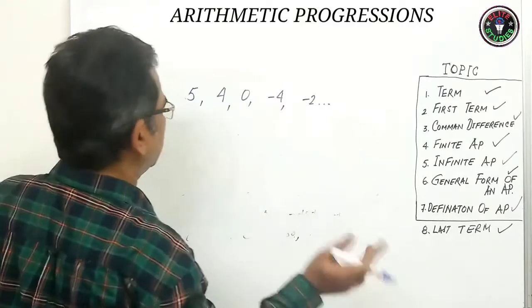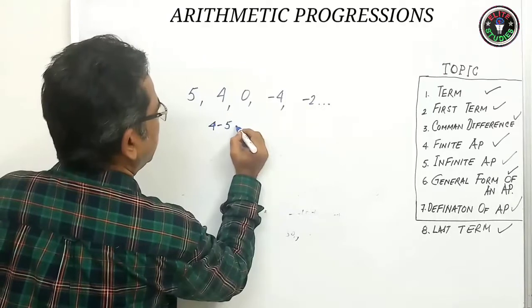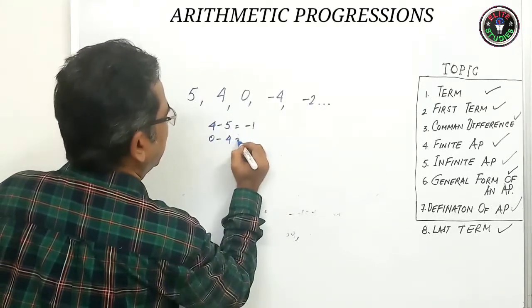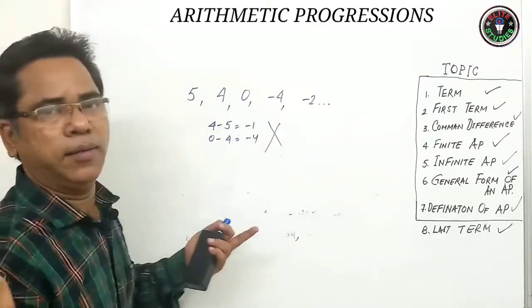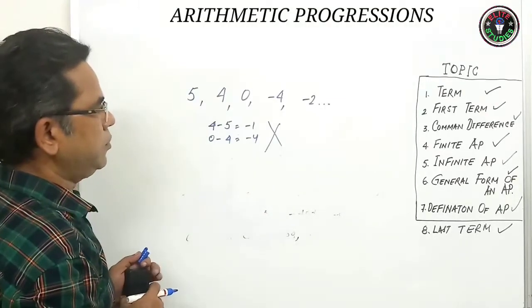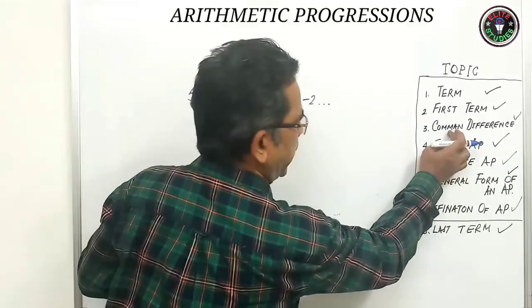What to check? It's very simple. You do 4 minus 5. It is giving you minus 1. Then you do 0 minus 4. What is it giving? Minus 4. No, it is not an AP. Simple. It is not an AP. Clear? Because the common difference is not going to change.